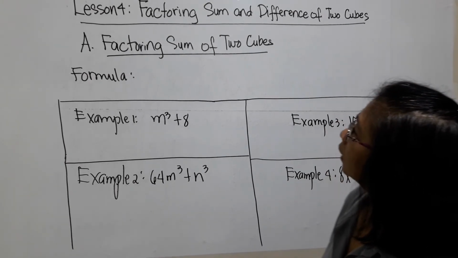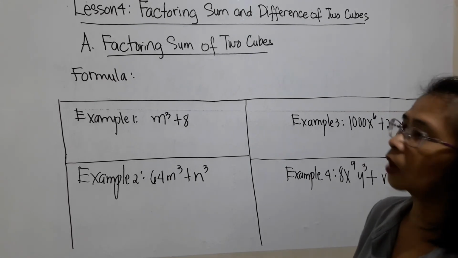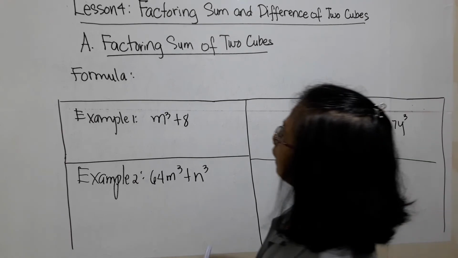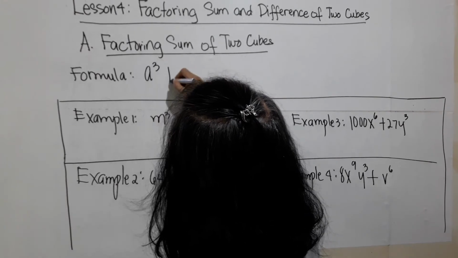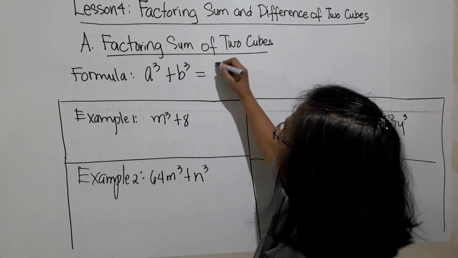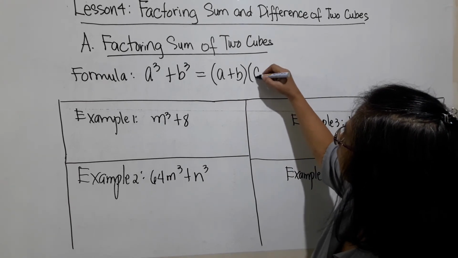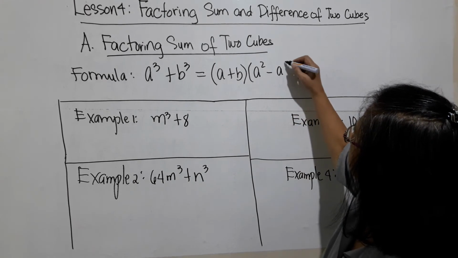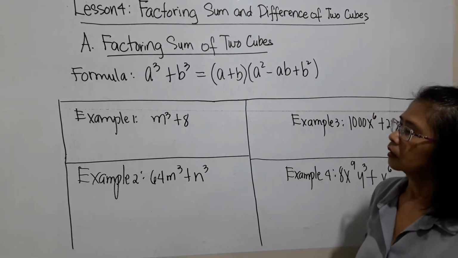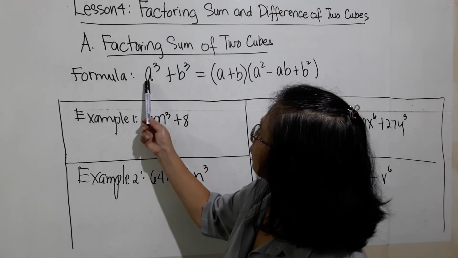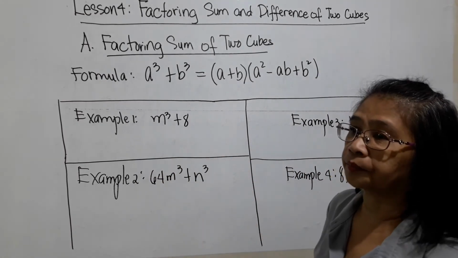Okay. We are going to have part 1 of Lesson 4, factoring the sum of two cubes. We will be guided with the formula a cubed plus b cubed is equal to a plus b multiplied by a squared minus ab plus b squared, wherein a is the representation for the first term, b for the second term.